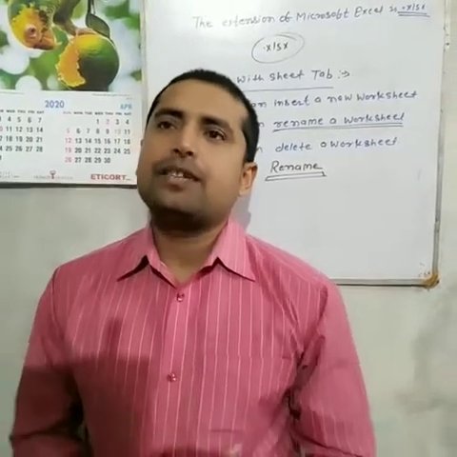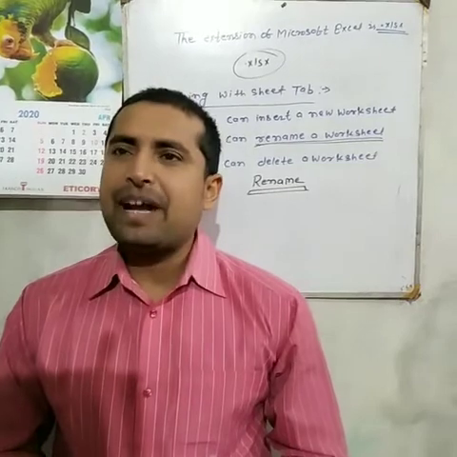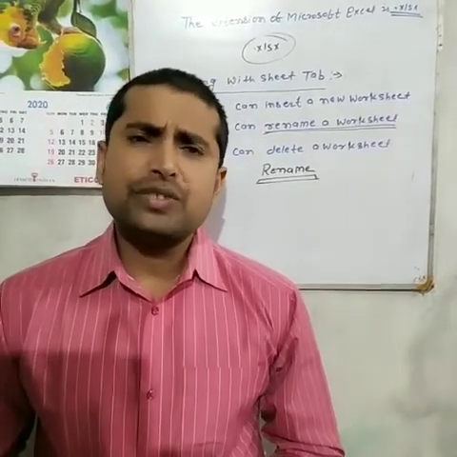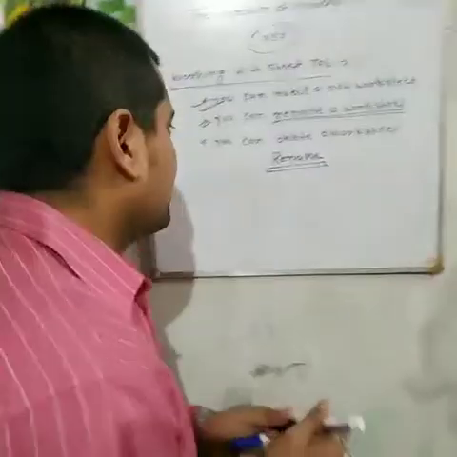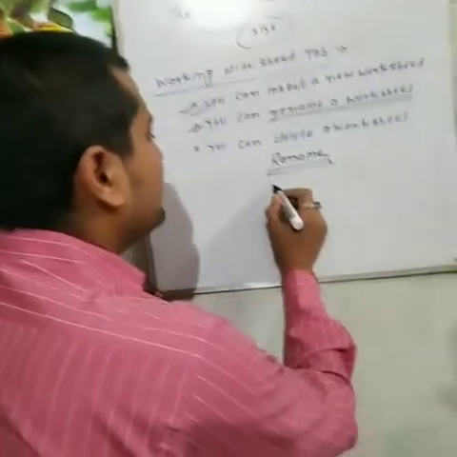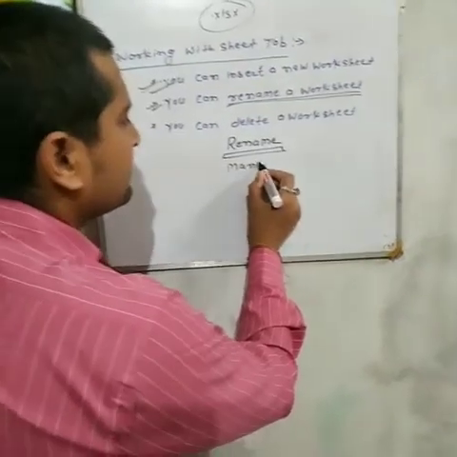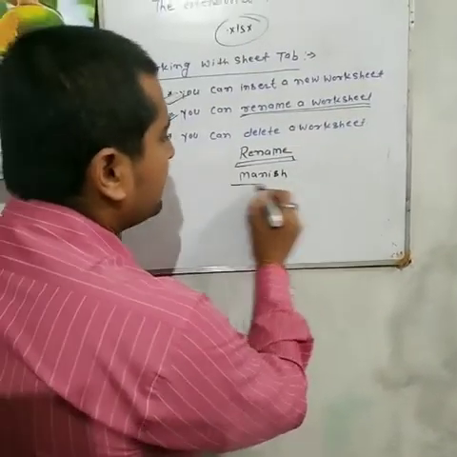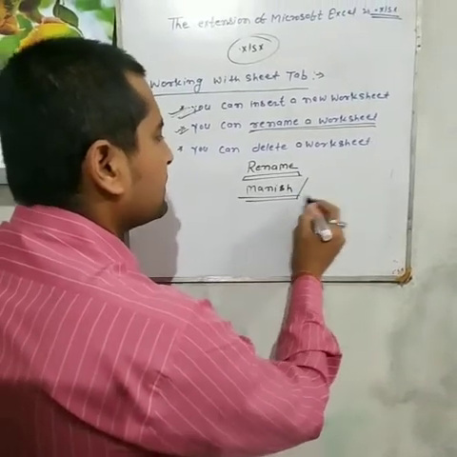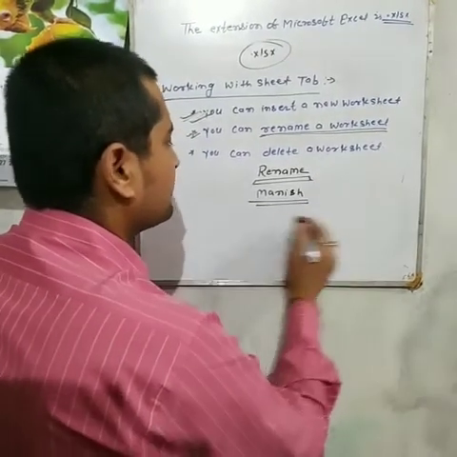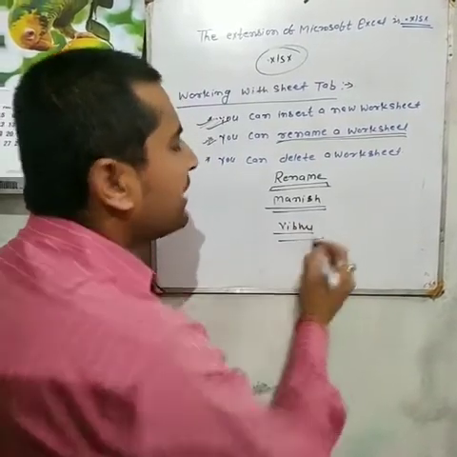In Excel, a worksheet is given a default sheet name as Sheet 1, Sheet 2, Sheet 3 and so on. Right? Suppose that the first sheet name is Monies. I want to replace it with Vivu.